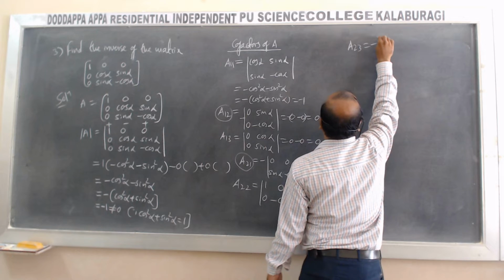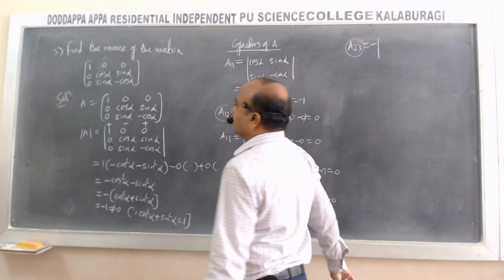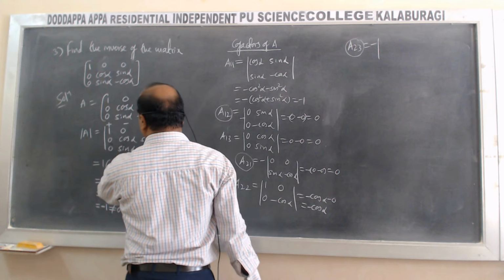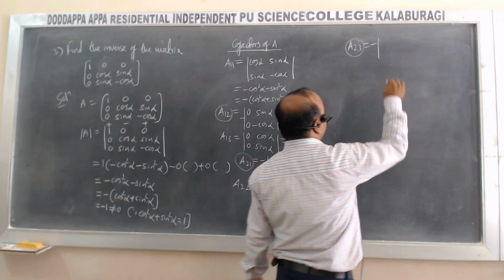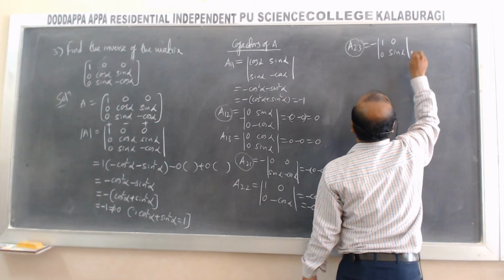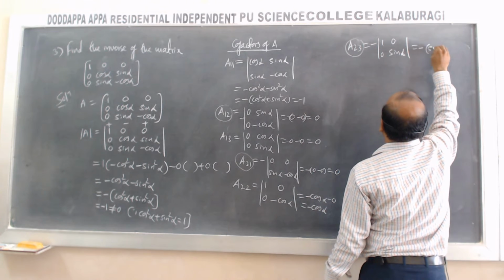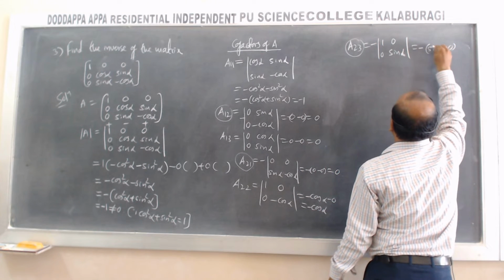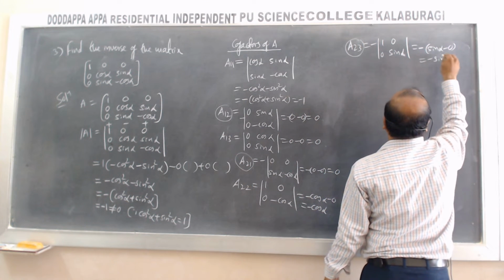It is minus of the determinant because it is an odd number. Now deleting this column and this row, you get 1 0, 0 sin alpha. So we get minus of sin alpha minus 0. It is minus sin alpha.